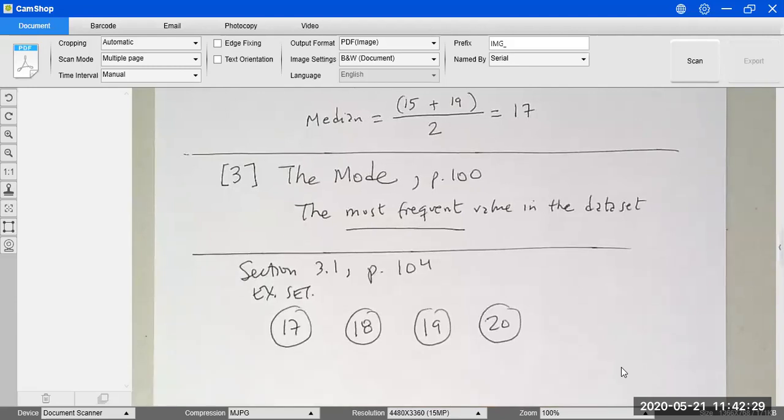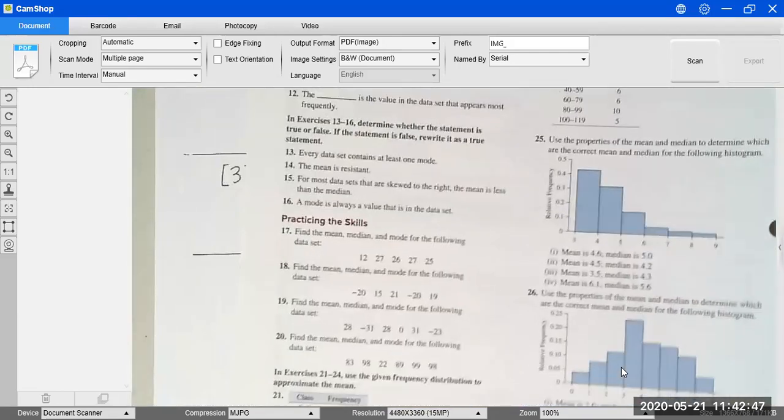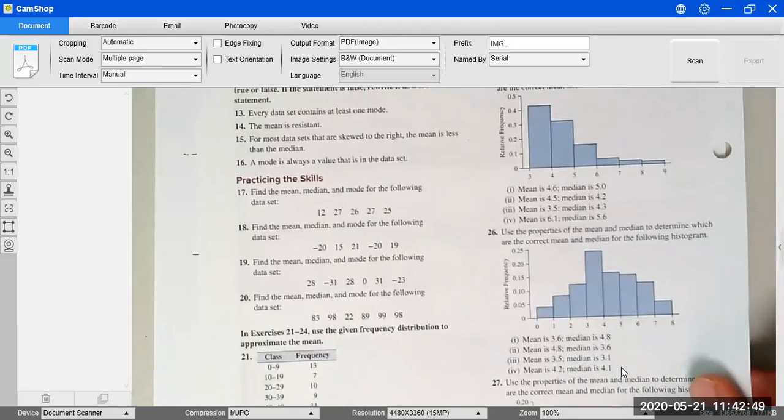I'm going to project the problems for you, and then we're going to continue with the second part of our class for this section. So here are the problems, 17 through 20.